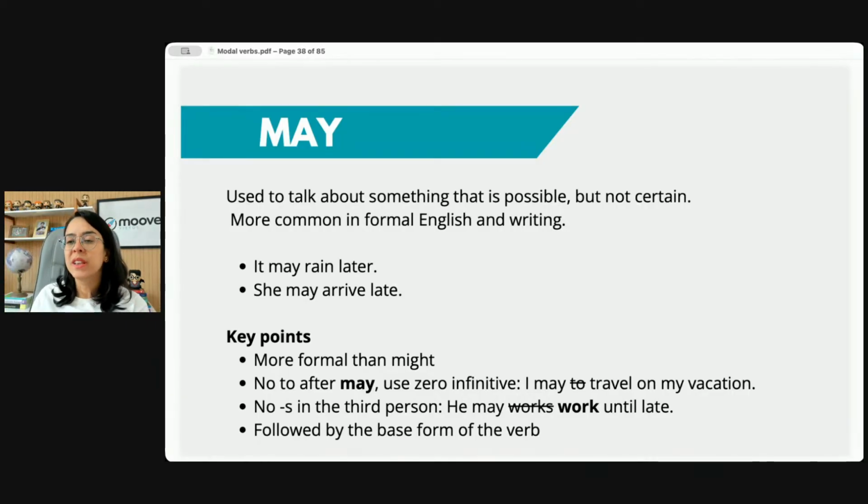So in this situation, in proficiency exams, it's better to use may. So children who watch too much TV and overuse smartphones may become more anxious, may have trouble sleeping at night, because then we soften the tone of our statements. This will help our text sound more formal and more academic.